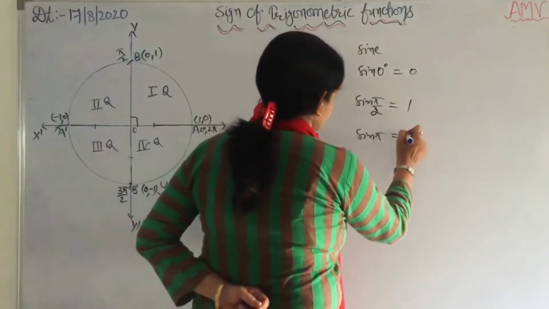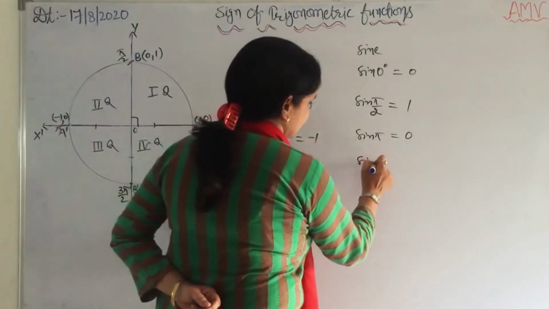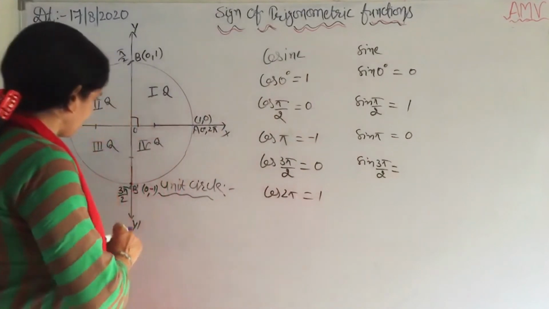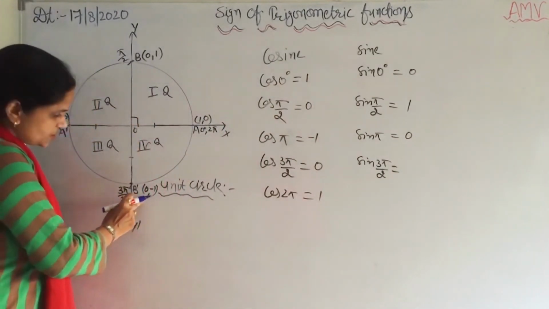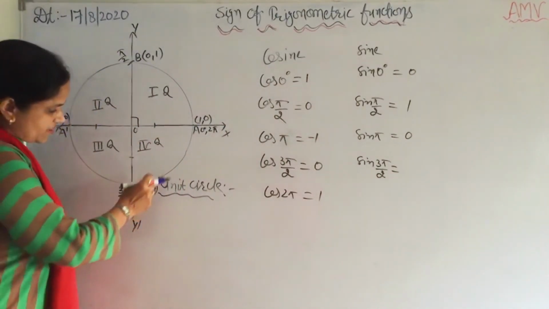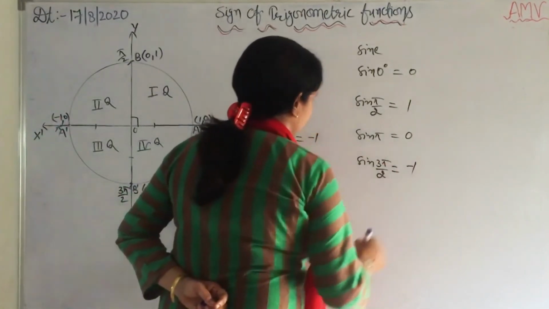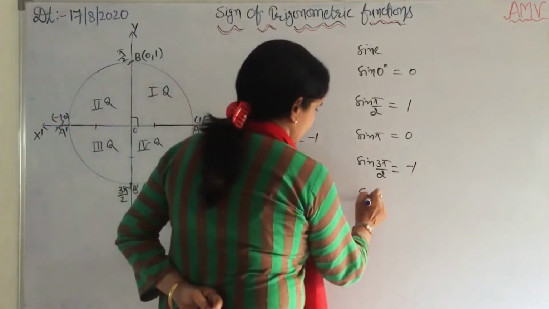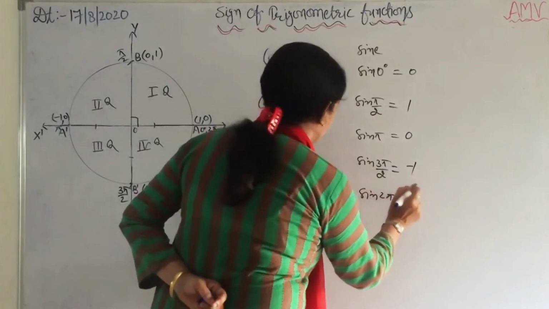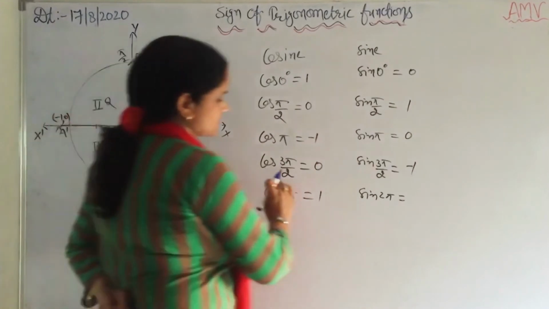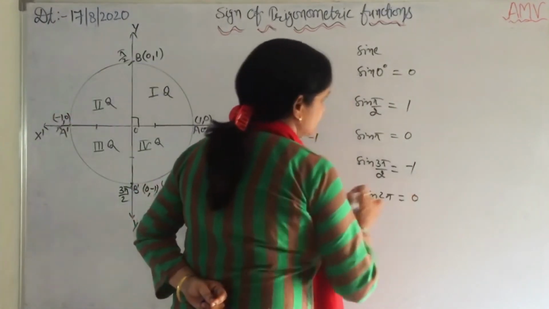Sine pi is 0. And sine 3 pi by 2. Coordinate of B dash is (0, -1). The y coordinate is minus 1, so take minus 1. And now sine 2 pi. Coordinate of A is (1, 0). Sine 2 pi is also 0.